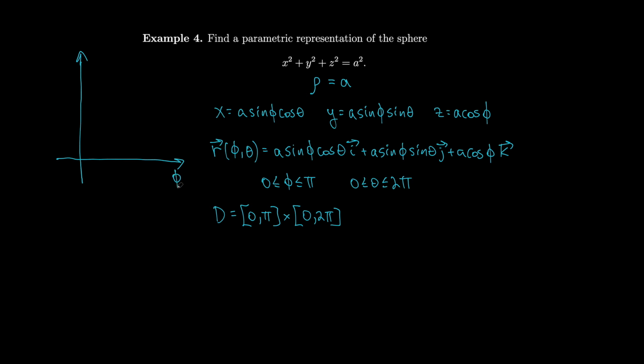So here would be phi, here could be theta, phi goes up to pi, but theta goes up to 2 pi. So it's a bit of a rectangle. So this could be our domain D for our parameters.